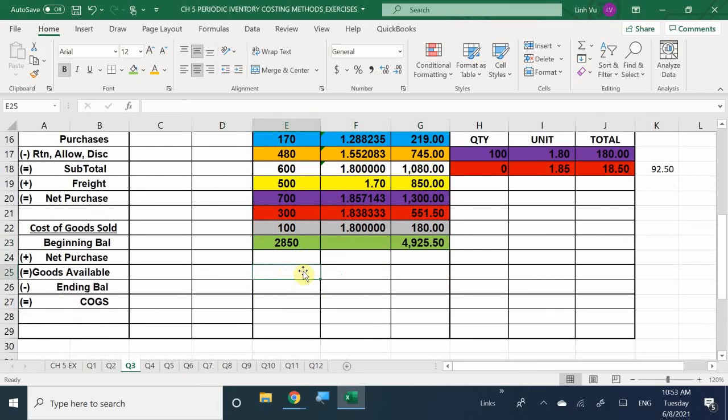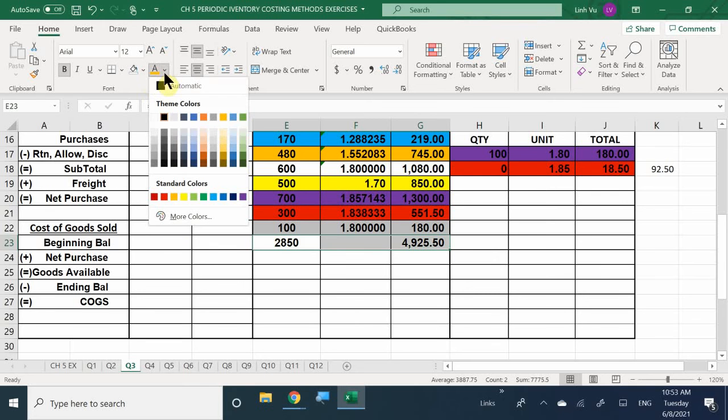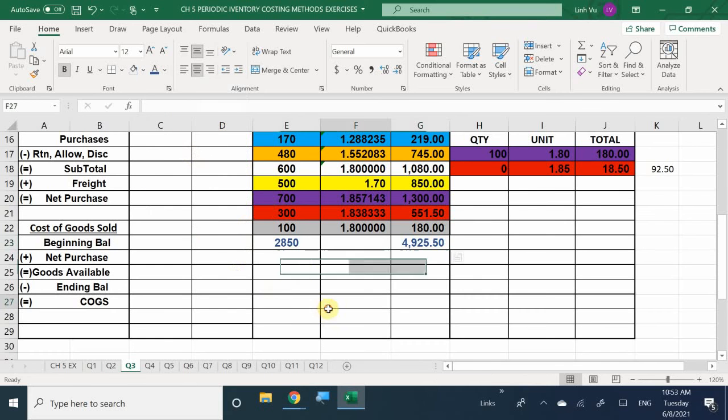Oh man, that just looks like a batch right there. Maybe a different color green. Or actually, maybe I'll do it this way, where I don't highlight everything. If anything, I'm going to change the font color, because now it just looks like that's my batch of inventory. So I'm going to make this color a nice blue right there. That way we could tell that this is my total numbers here.